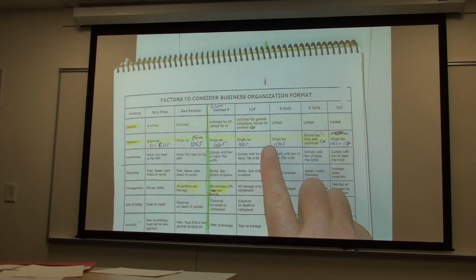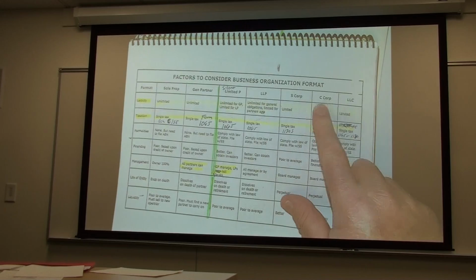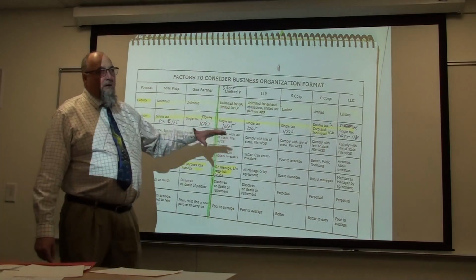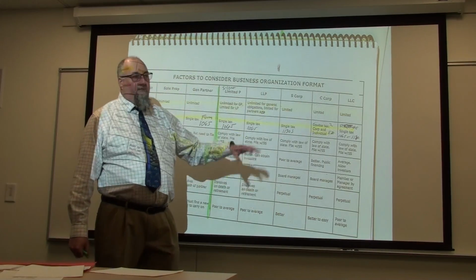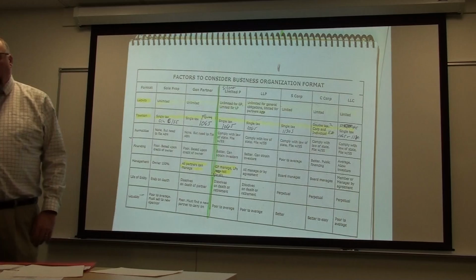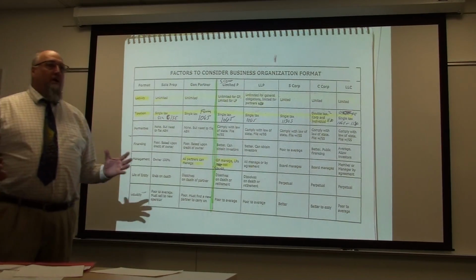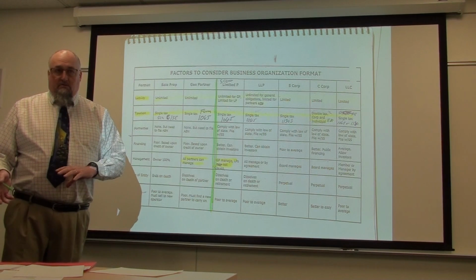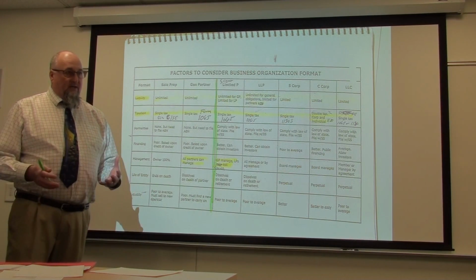Is there a liability barrier that is created by setting up either a limited partnership, a limited liability partnership, or one of the corporations or an LLC that will help provide a barrier between your personal assets and your business investment, the business assets.